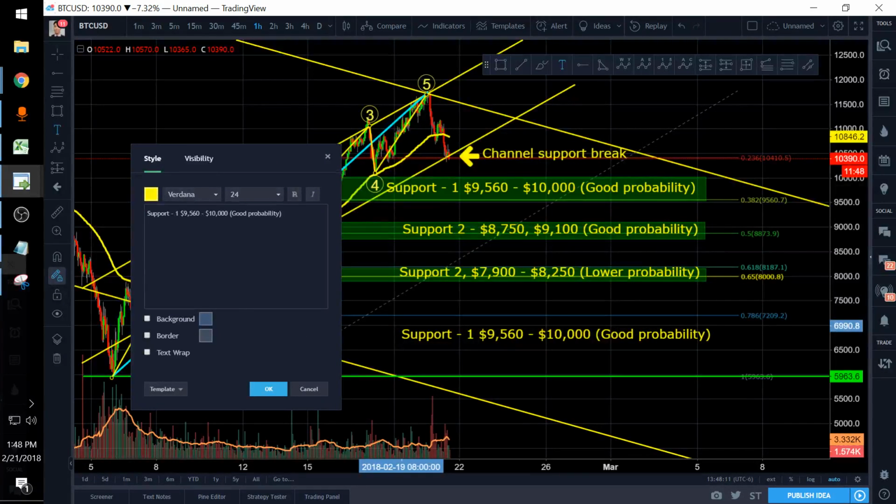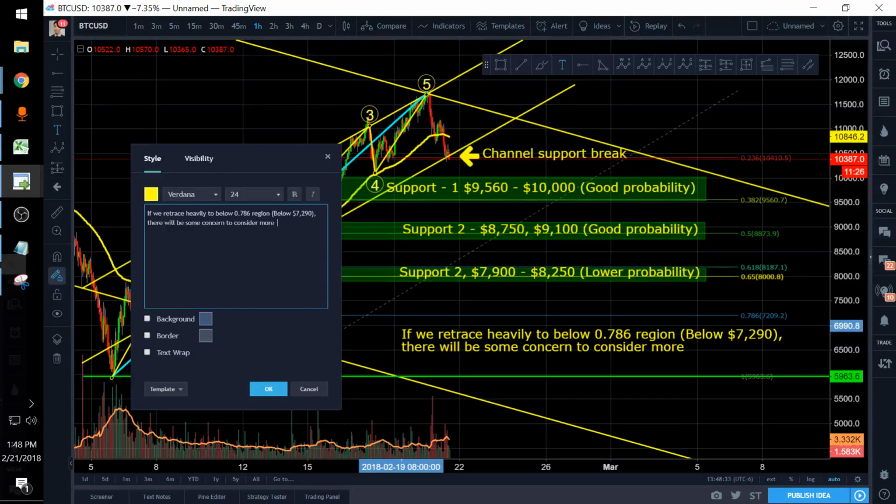If we retrace heavily to below the 0.786 region, below 7,209, there will be some concern to consider more bearish scenarios, to consider a longer term bear trend.